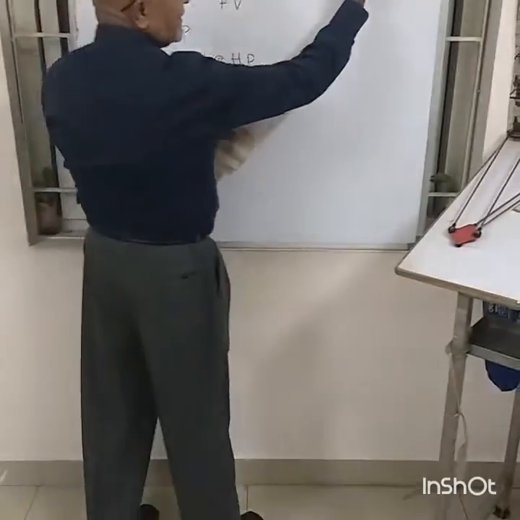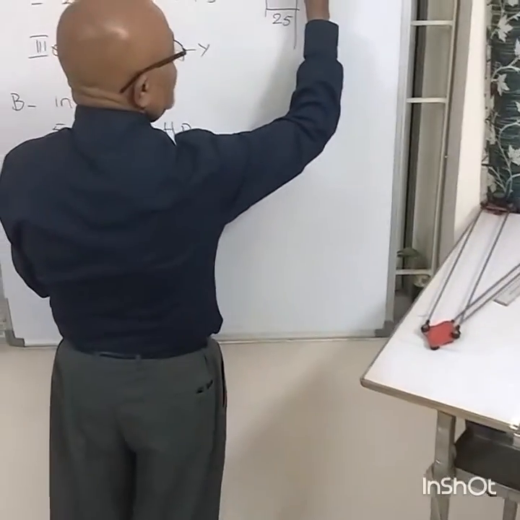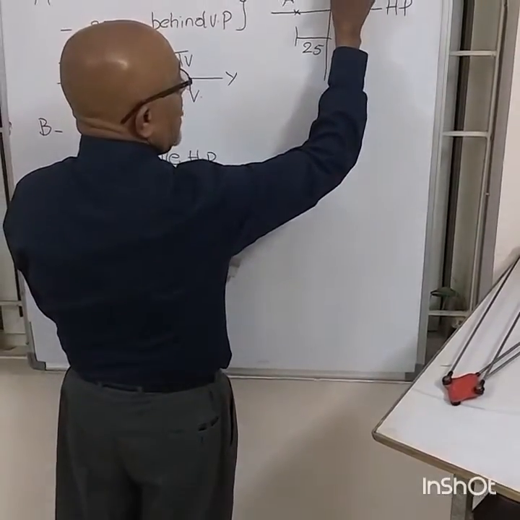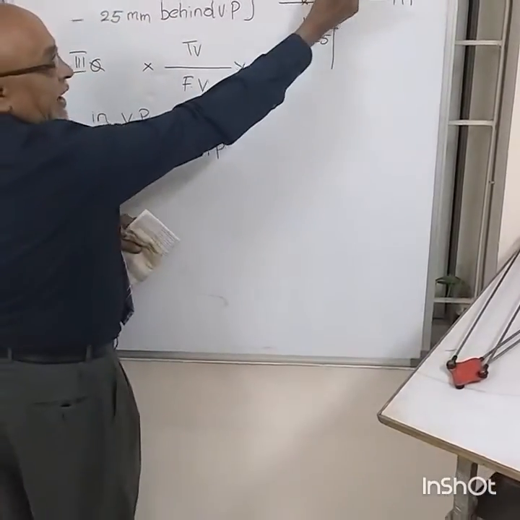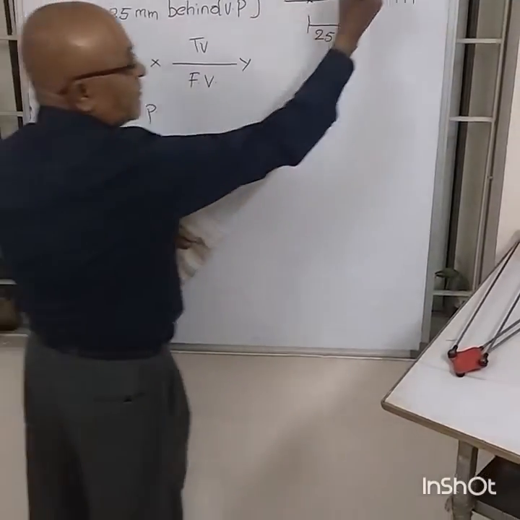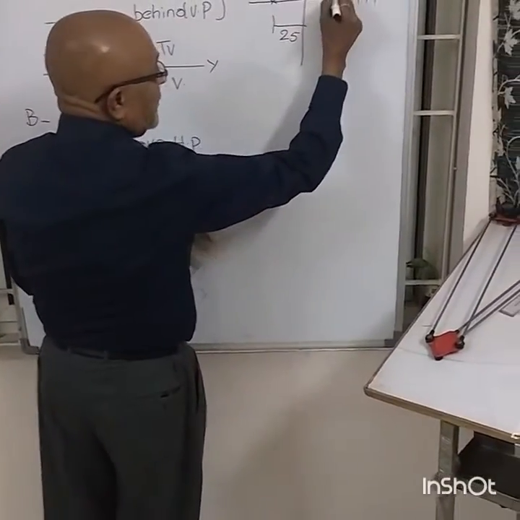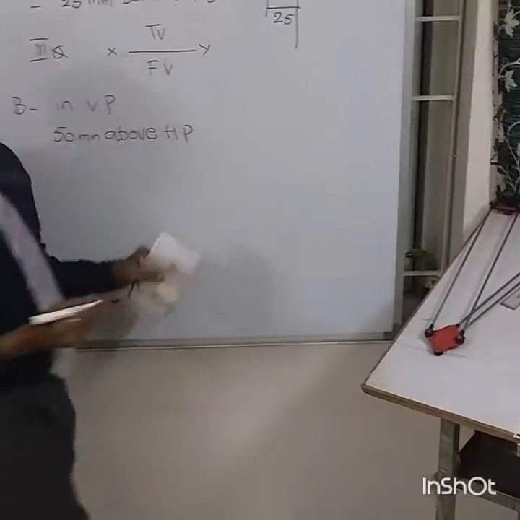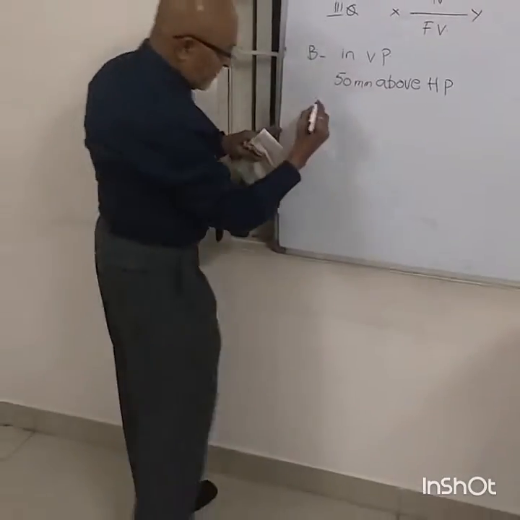Which means the end B of the straight line is actually in the first quadrant, where we get our front view above the reference line XY and top view below the reference line XY.